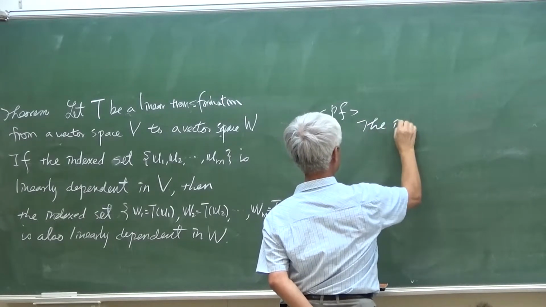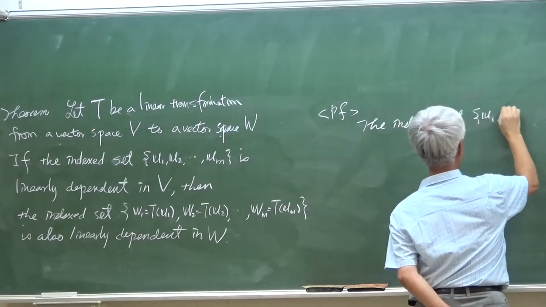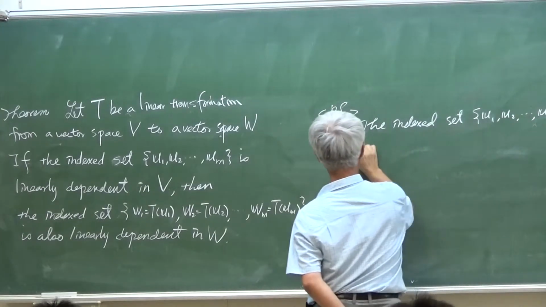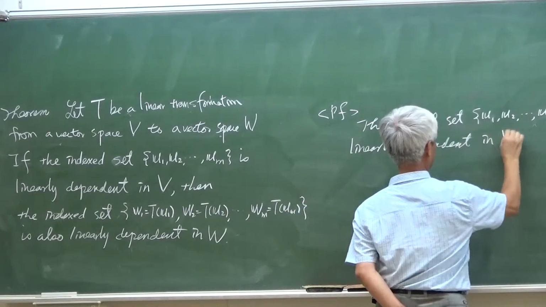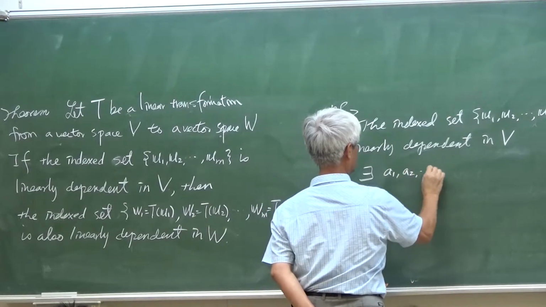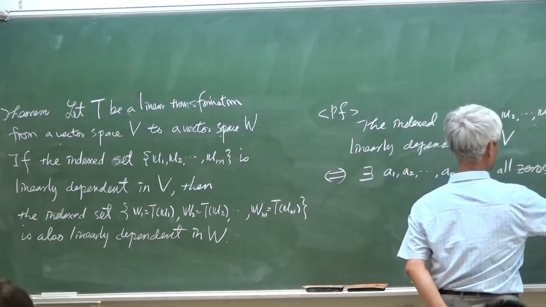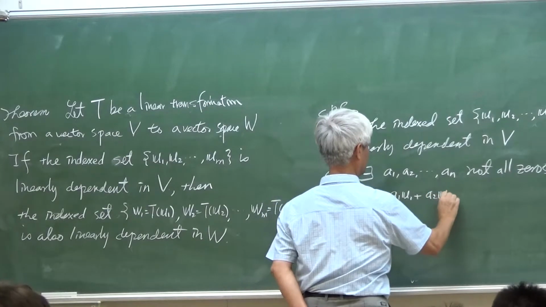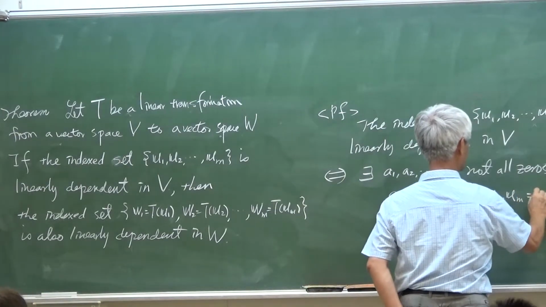The index set U1, U2 up to Um is linearly dependent in V. That means there exist scalars a1 up to am, not all zeros, such that a1 U1 + a2 U2 + ... + am Um equals 0.